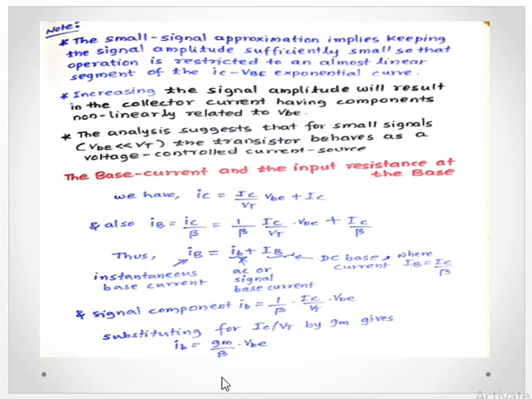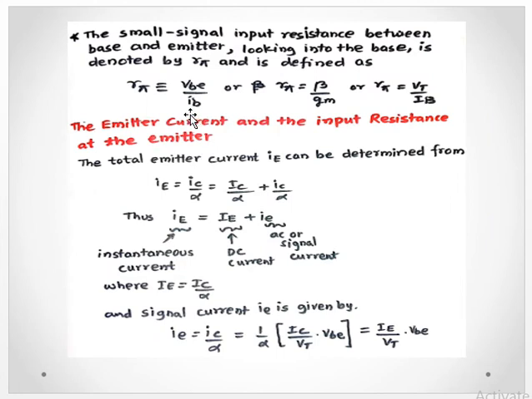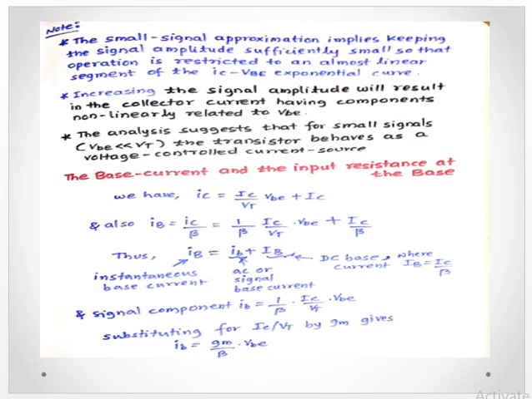So here if you observe, if you take the ratio vbe by ib, it corresponds to a resistance whose value is given by r pi. If you see the previous slide, you will get two expressions: vbe by ib equals beta by gm.